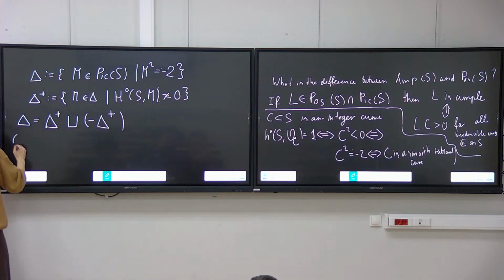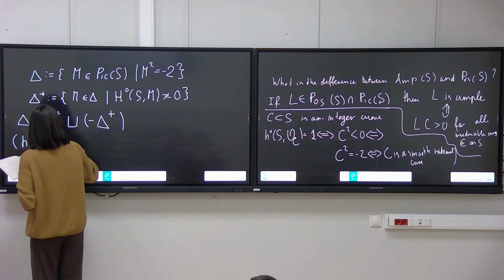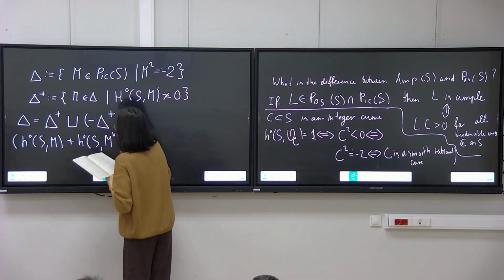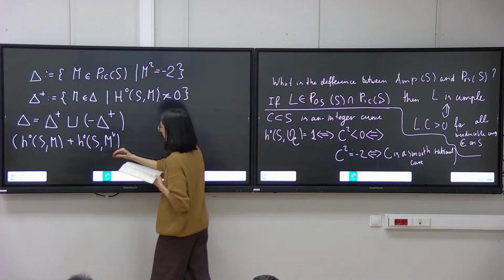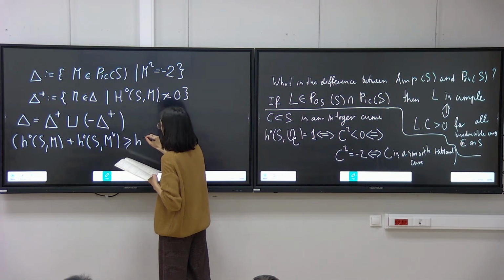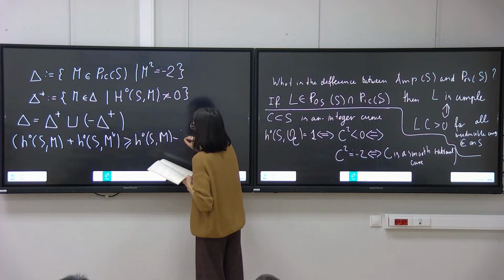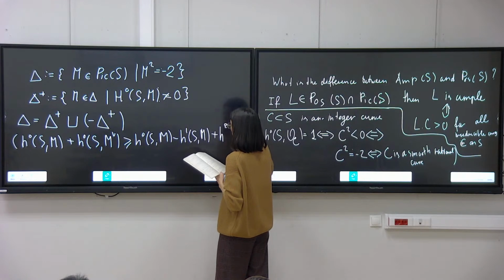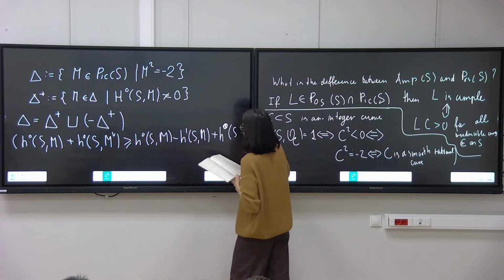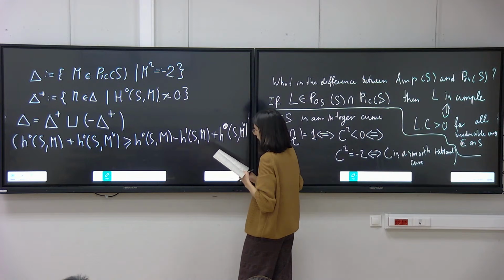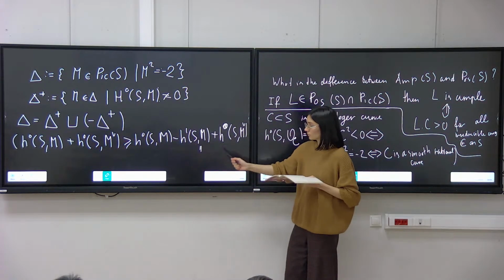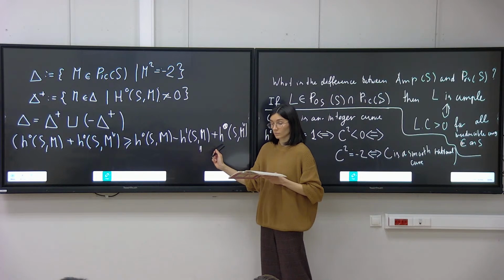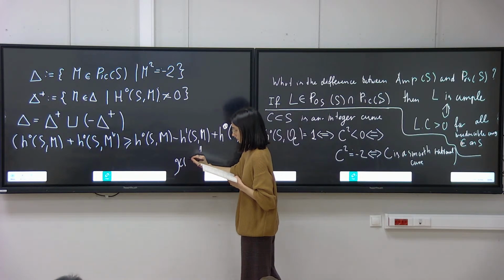So let me write down. We consider the sum of the dimensions of global sections of M and M dual. Then of course this is greater or equal to, and by Riemann-Roch, this is two plus the self-intersection of M over 2.